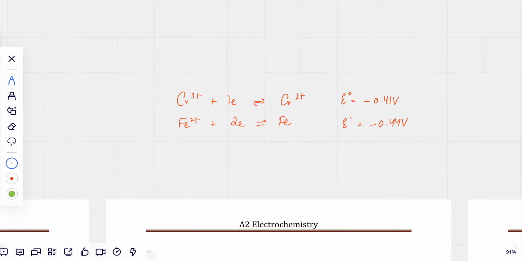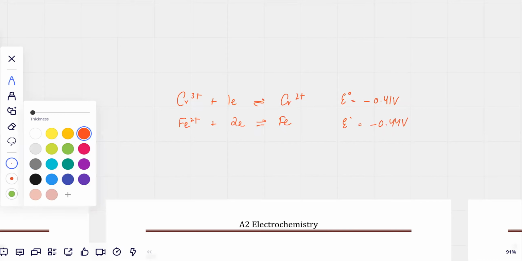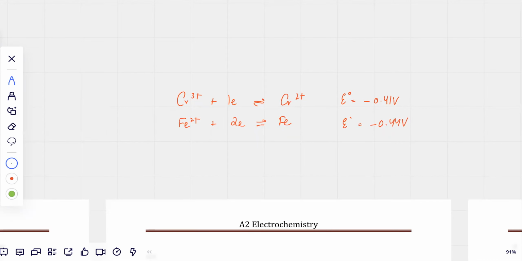Now tell me, if these two were to react together, who's going to gain electrons, who's going to lose electrons under standard conditions? Which one is the higher potential? It's the first one, right? This is the one that's going to gain electrons, and this one is the lower one. This is the one that's going to lose electrons.